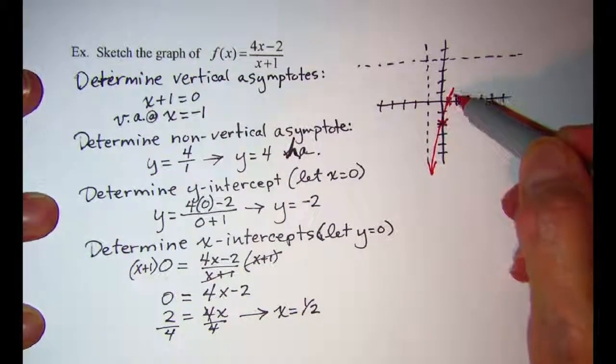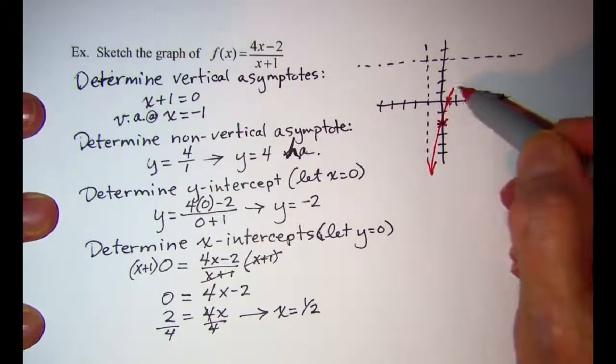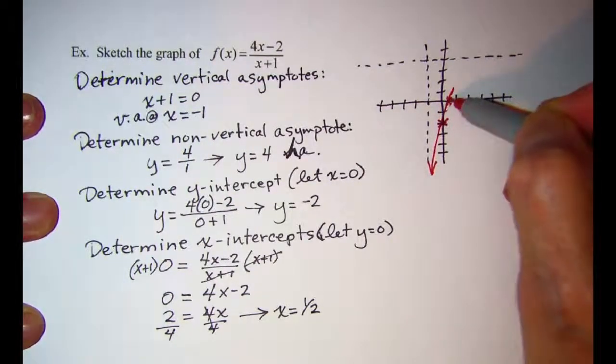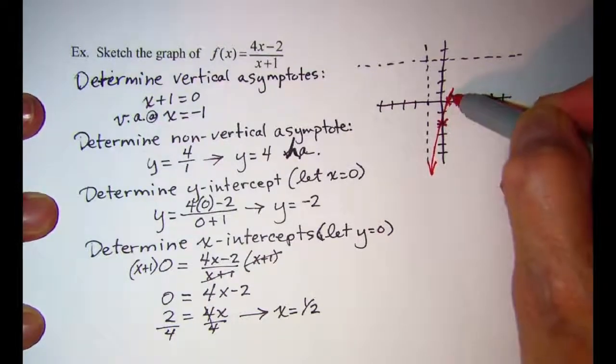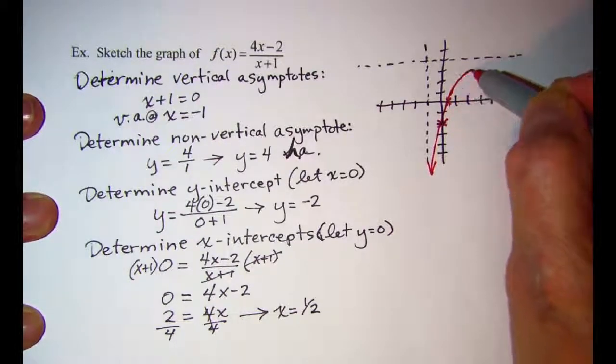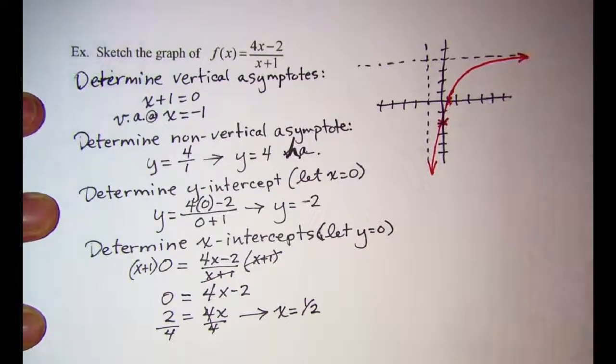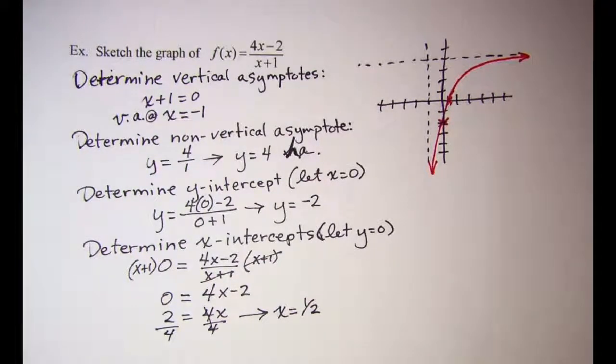Also, I can't come back down and cross my x-axis, again because I only have the one x-intercept. So I'm going to have to come up and hug this horizontal asymptote. Now I can determine what's going to happen over on the left side of my vertical asymptote.